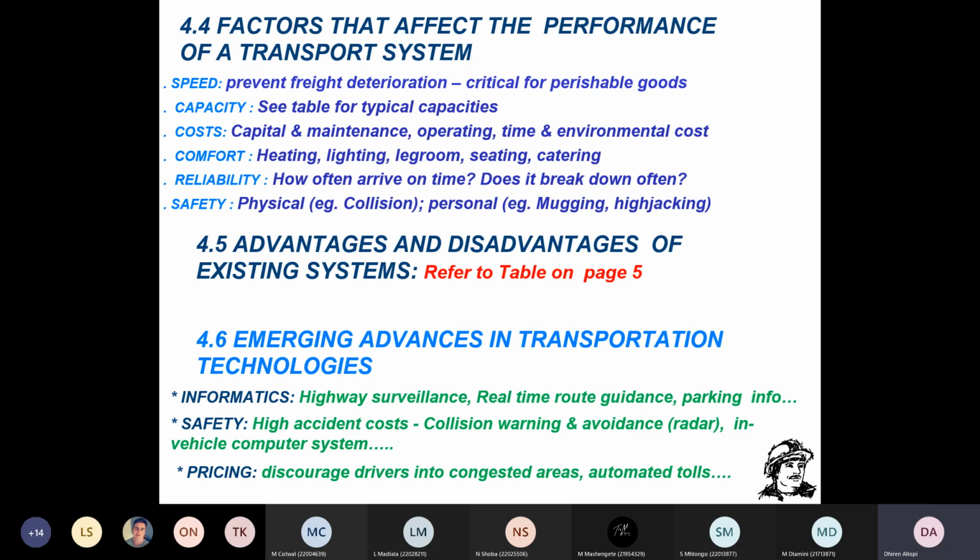Again, I refer you to a previous lecture where we spoke about walking as the first form, and how the invention of the motor car and the aircraft and so forth had an impact on the number of OD, origin-destination, trips, how it increased. So you can see how technology has increased in the transportation sector.